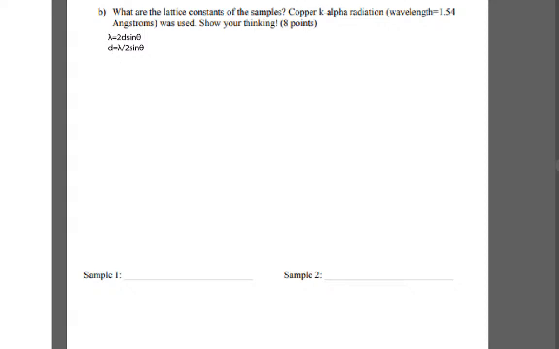But wait, actually, we know what that is. That would be a equals this guy multiplied by the square root of h squared and so on, by something, which in this case I would actually just take the 3.